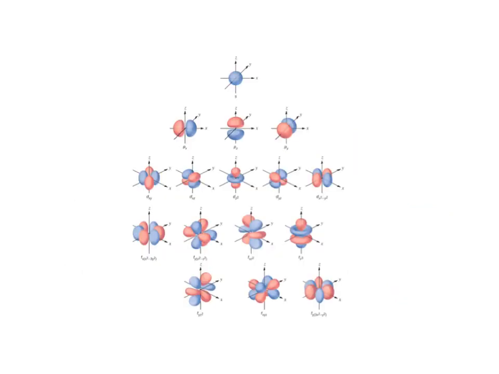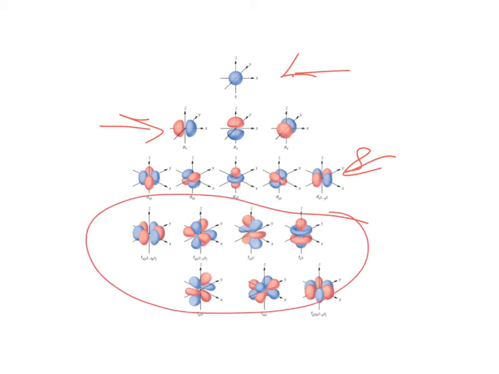And finally, looking at the S up top here, the P, the Ds, and then finally these guys are all the Fs, right? And so the complexity increases as you go from S to P to D to F.